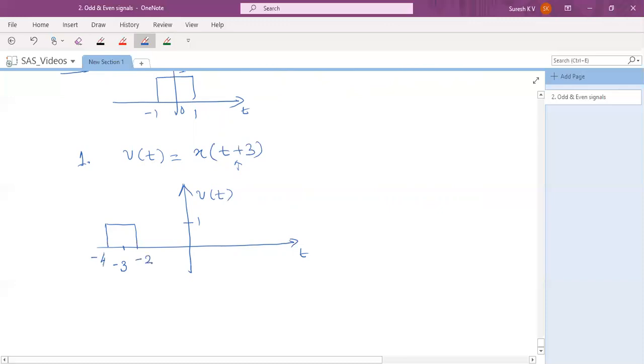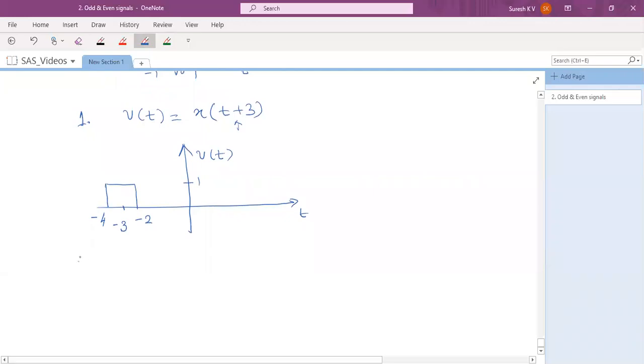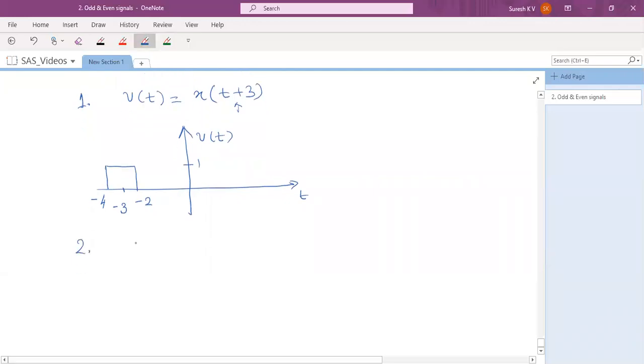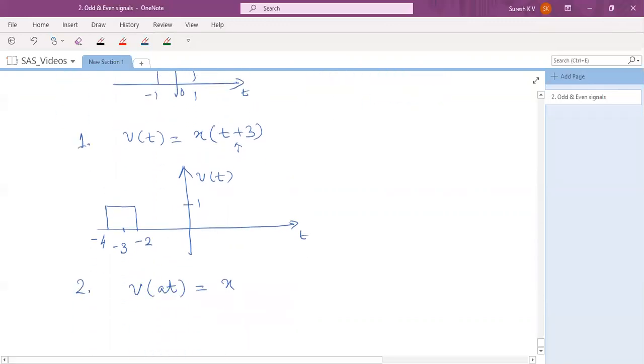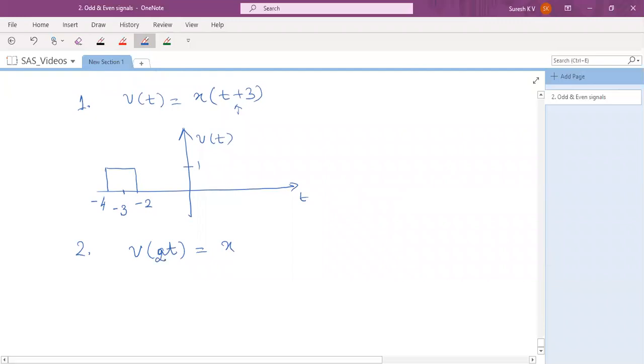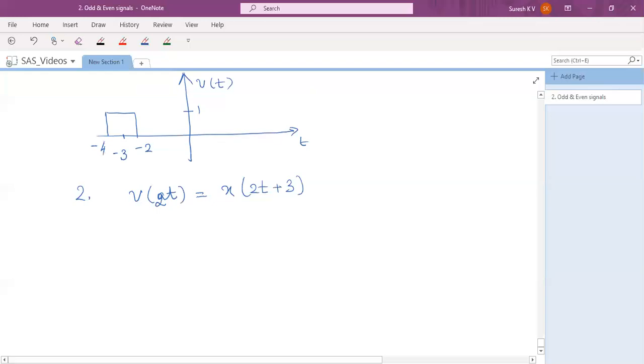This is minus 2. The second step is generate v of at, that means perform time scaling now, which will be, v of a in this case is 2, so it is v of 2t, which is x of 2t plus 3. And in the last class we also understood that time scaling by a factor of 2 means we need to divide each of these time elements by 2.